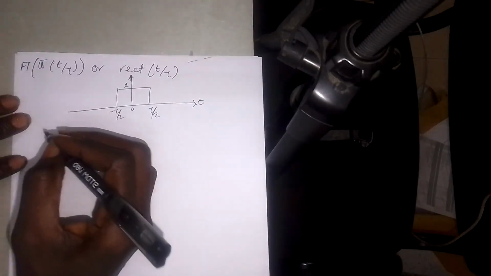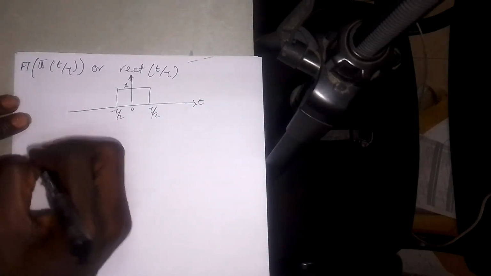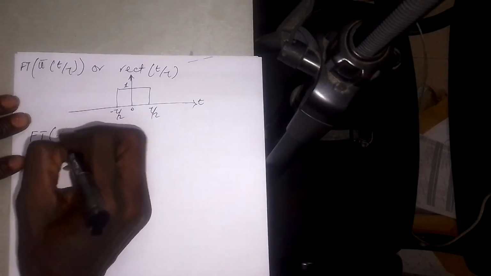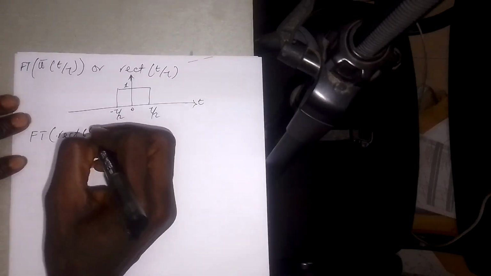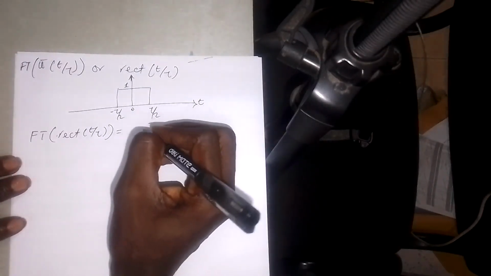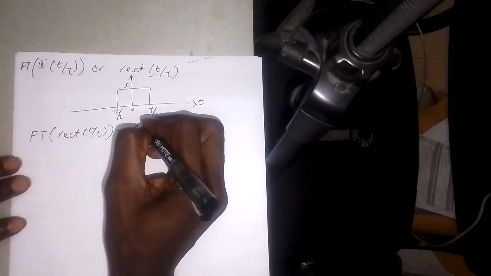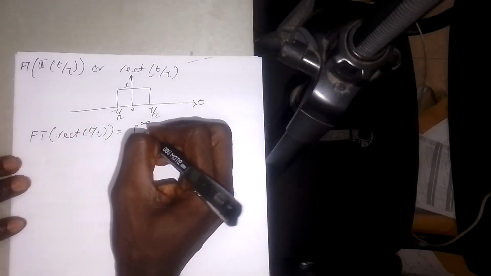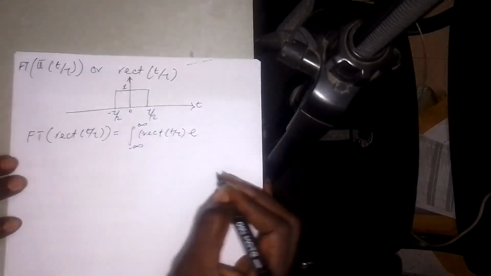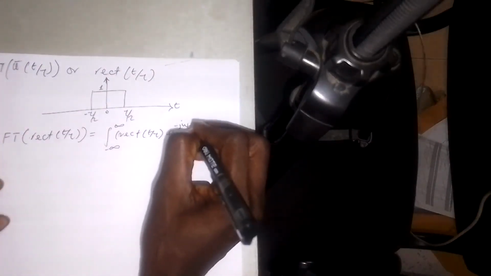Now for the Fourier transform of this one, let's say rect of t on tau, as is normally denoted, it is going to be equal to the integral from minus infinity to infinity of rect of t on tau into e to the power minus j omega t dt.